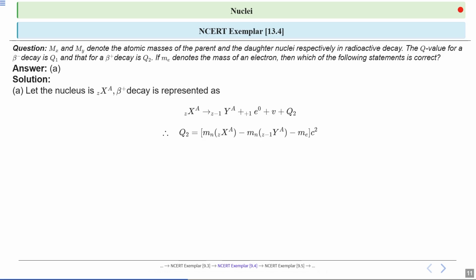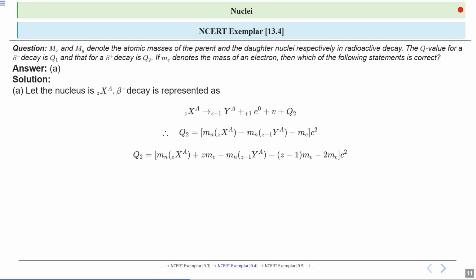Okay, so parent nucleus is X. So this is the mass of nucleons of parent nucleus X minus mass of all the nucleons of daughter nucleus, that is Z minus 1 Ya, minus mass of positron, multiplied by C square. This shows energy comes from mass difference of parent and daughter nuclei minus the positron mass. Mn here is mass of nucleons and m is the mass of positron.